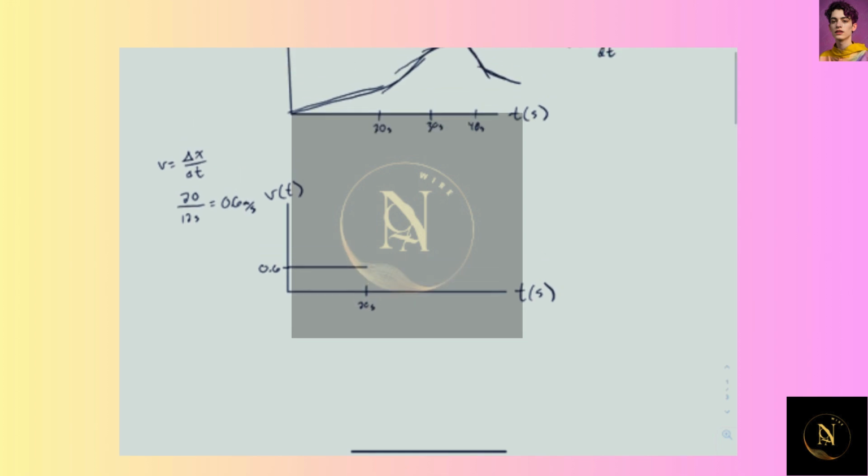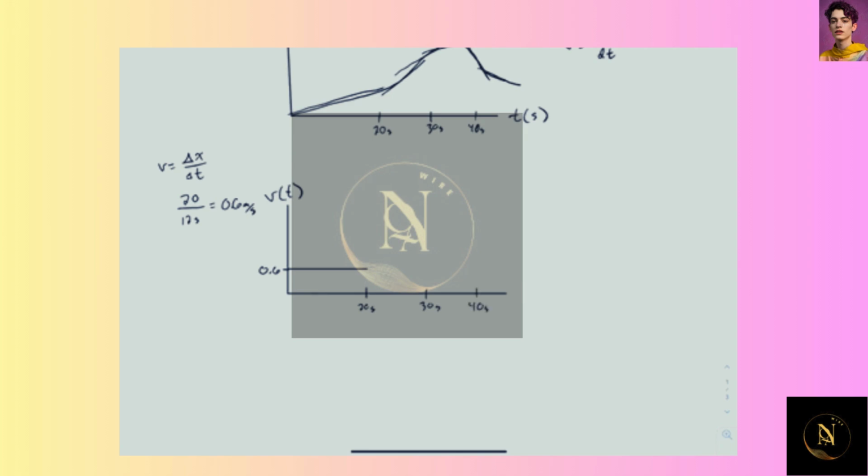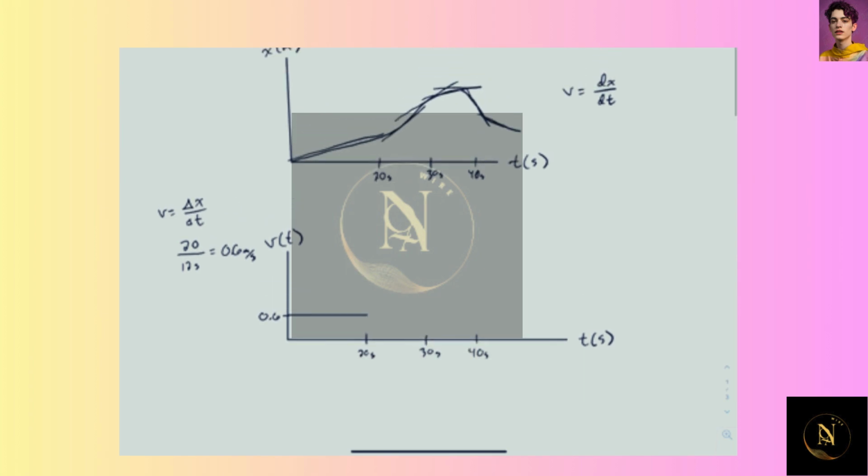And then from 20 to 30 seconds, it starts to increase. And at 40 seconds, okay, let's see, 30 seconds, 40 seconds. I need to make this a little longer. At 40 seconds, or just before 40 seconds, this position versus time flattens off.